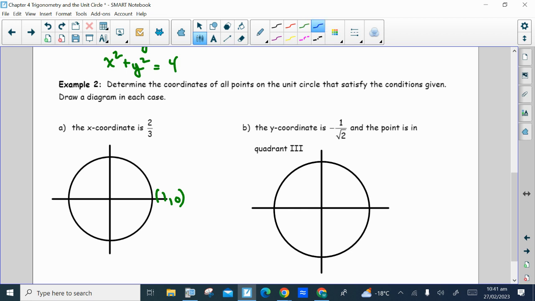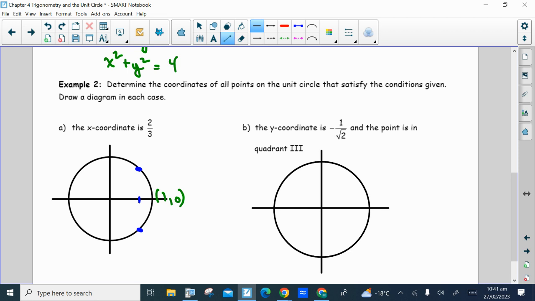So to have an x value of 2/3, it would be approximately right there, 2/3 the distance from 0 to 1. And if that's what the x-coordinate is, then the terminal arm would intersect the unit circle approximately there, or down below here.